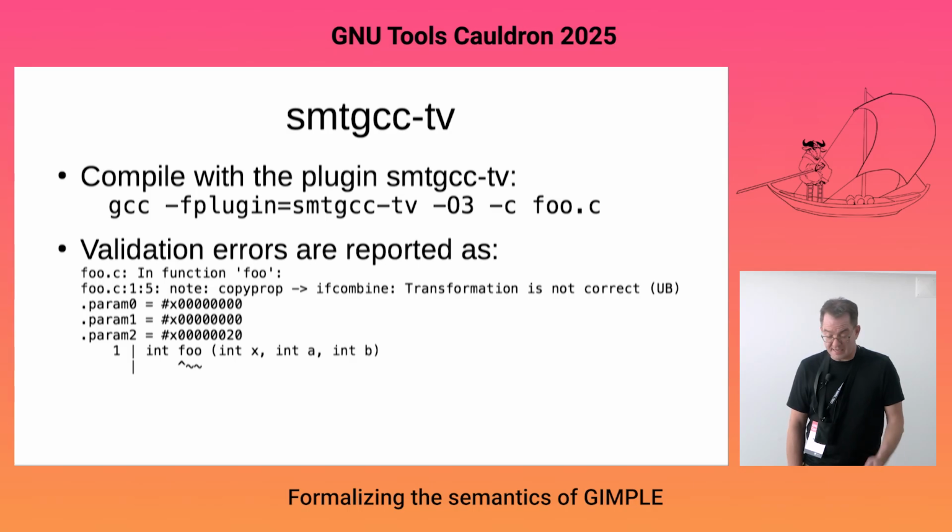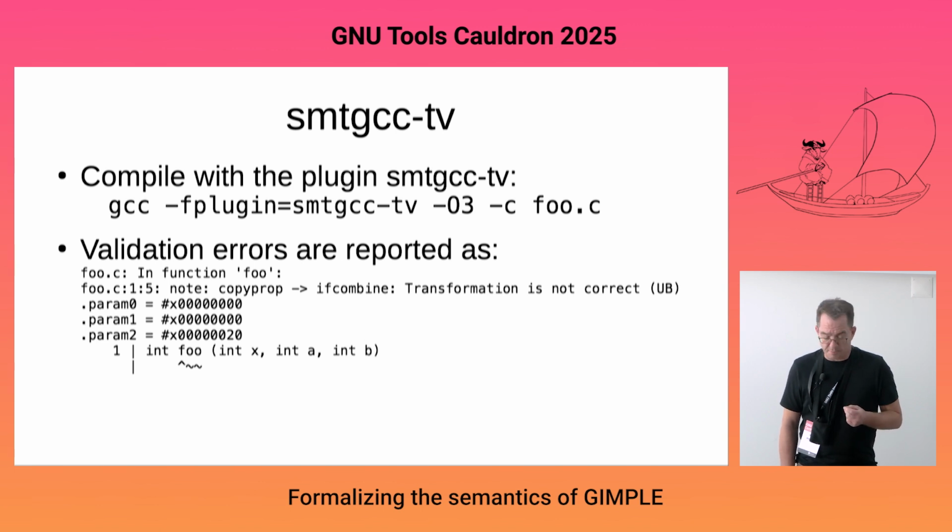It looks something like the below. In this case, it has detected that if combine has miscompiled the code in a way such that the optimized code invokes undefined behavior in cases where the original did not.